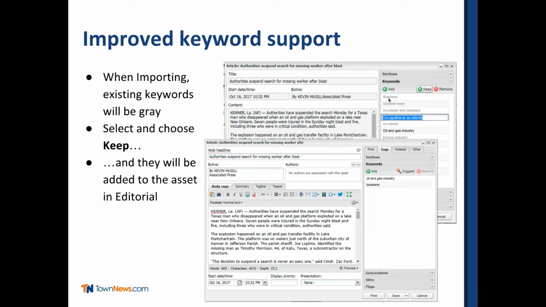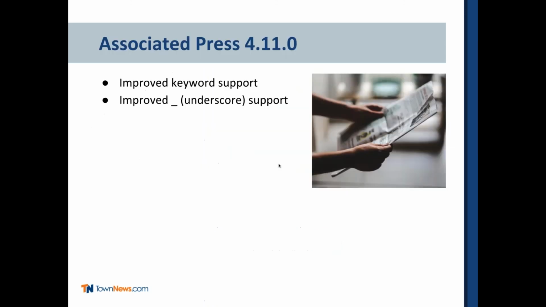So thus, when you imported and looked at the asset, then the keywords that you chose to keep would be there. Otherwise, if they remain gray, then it doesn't import the AP keywords. It just depends on whether you want to use APs or not. You can select the whole list of them and do the keep icon all at once.